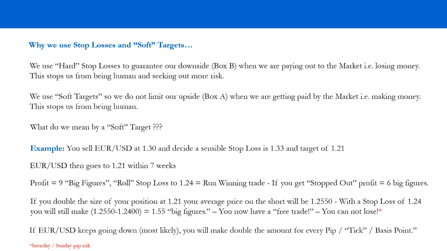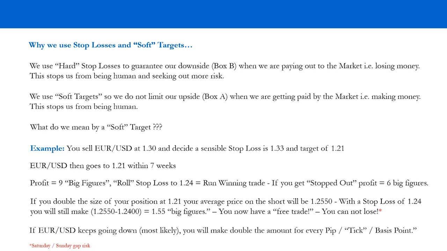So let's say, for example, you shorted 100,000 euro dollar, so one lot at 130. You put your stop loss in at 133, so you'll automatically trade out of that 100,000 if it trades at 133. So pulling from box B if it goes wrong and you're paying out and losing money. Trade out automatically at 133.